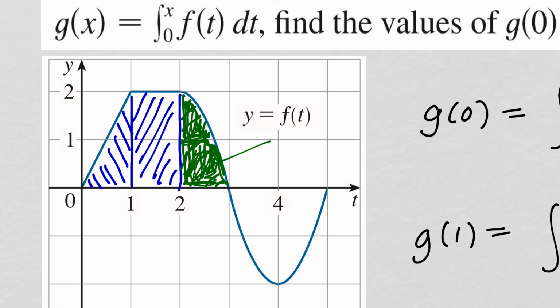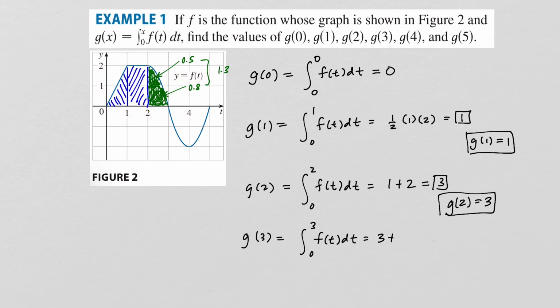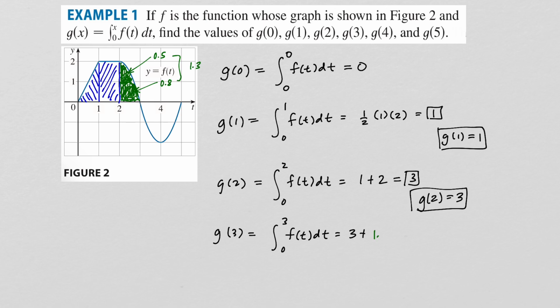I'm going to say that this area right here is approximately 0.8 of a square, and this one here is roughly about half, so I'm going to say 0.5. So in total, the area there would be approximately 1.3 square units. So if I add that to the 3 square units we have here, we get a total of approximately 4.3. And so we know that g of 3 is approximately 4.3. We can't be precise because we don't know the exact value of that area.